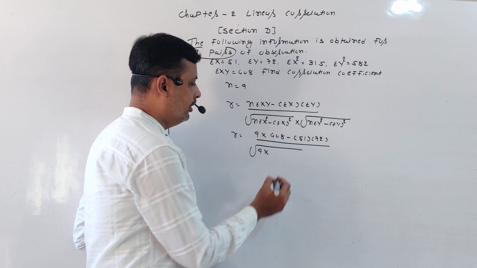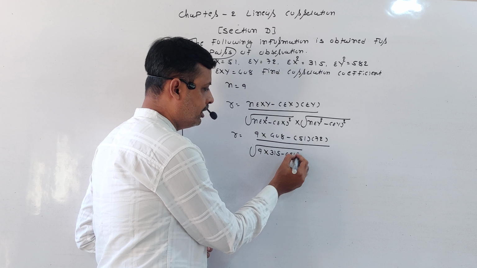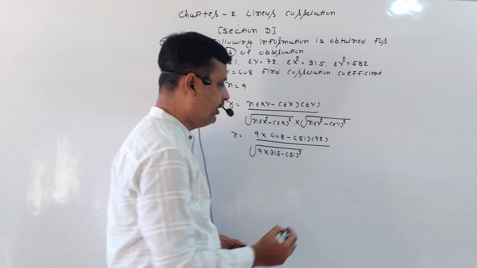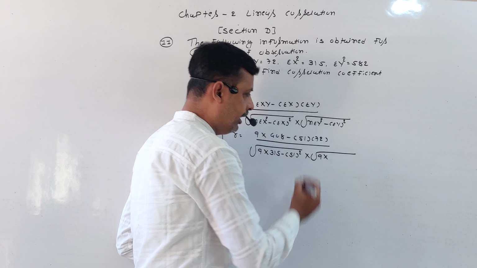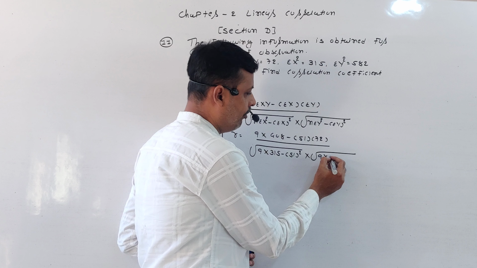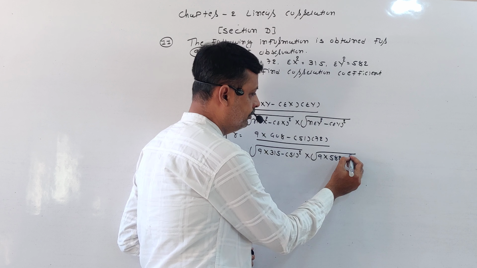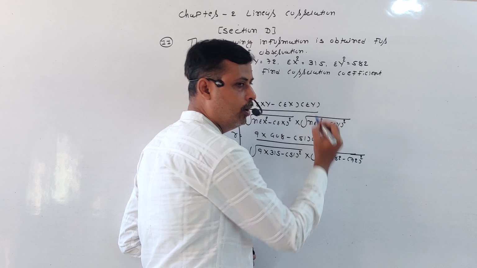Sigma x square is given, 315. Sigma x, 51 square. n is equal to 9. Sigma y square is given, 582. And sigma y, that is 72 whole square.